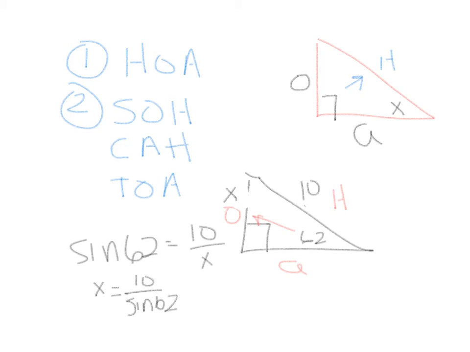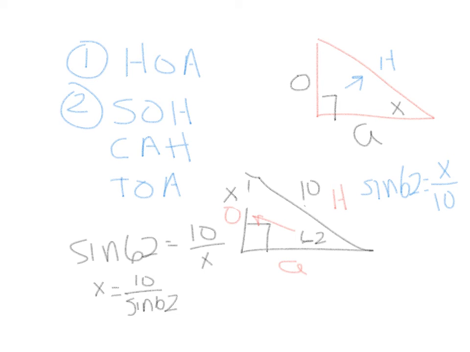So all you would do is say sine of 62 equals the opposite, which is x over 10. Okay, that's opposite over hypotenuse. So now all you do is take sine of 62 and multiply by 10, because this is x divided by 10. To get x by itself, we would multiply both sides by 10. So you take 10 times sine of 62, and voila, you have your opposite side.